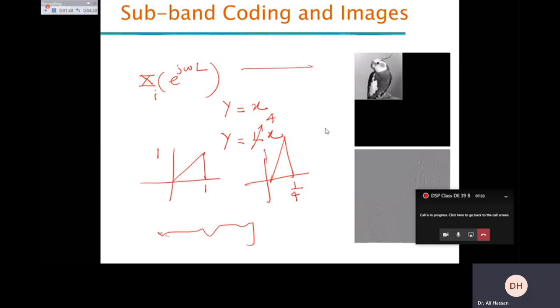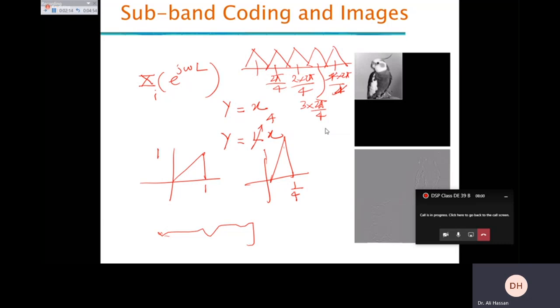will be, so 1 copy, 2 copy, 3 copy, 4, up till 4 copies, because the first copy is at 2 pi, it is divided by 4. The second copy is 2 into 2 pi, that will be divided by 4. The third copy will be 3 into 2 pi by 4, and the fourth copy is 4 into 2 pi by 4. 4 cancels with 4, it will come to 2 pi.